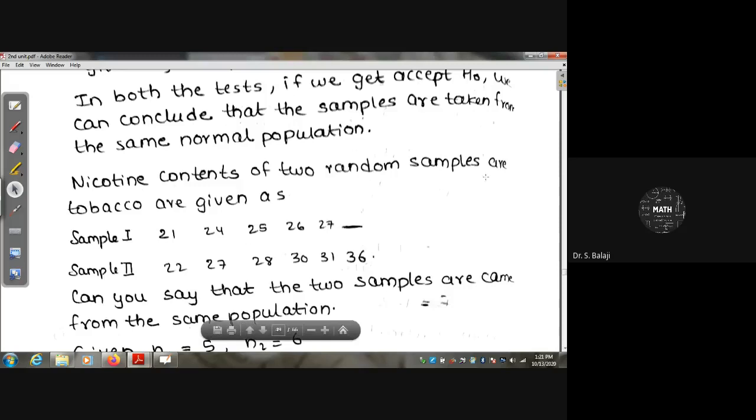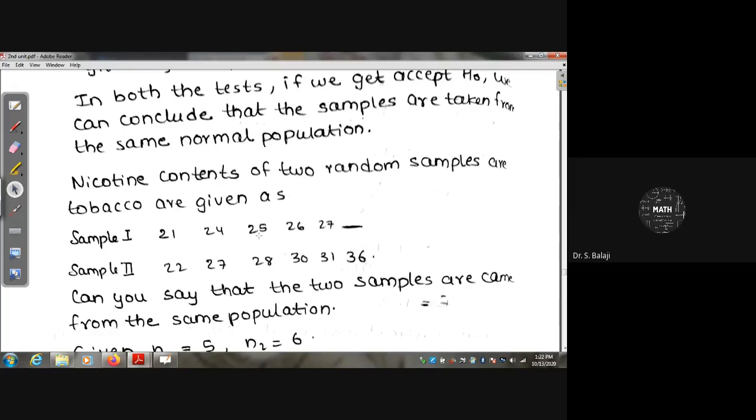Now, for that, you have one important problem here. Nicotine content of two random samples of tobacco are given. Sample 1 nicotine content is given here, sample 2 nicotine content is also given.